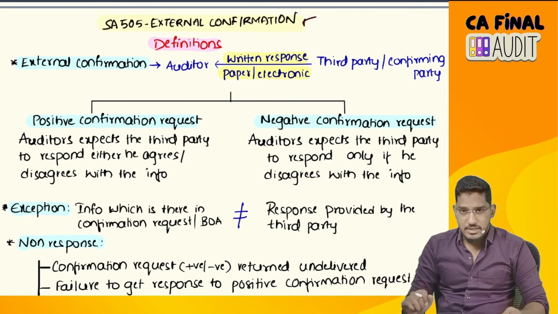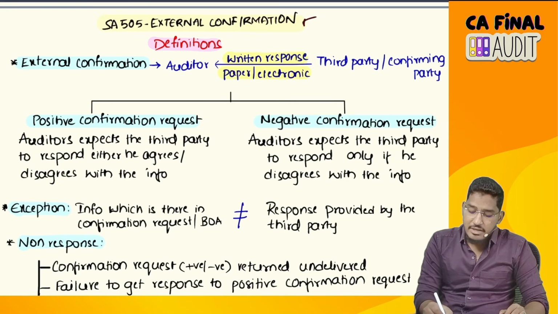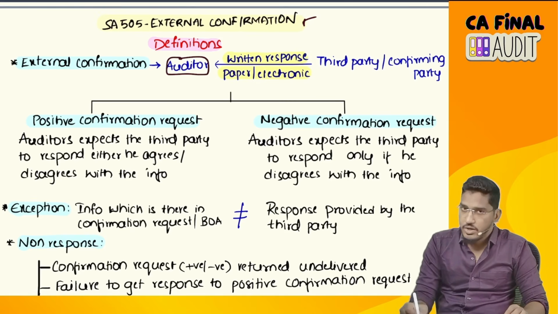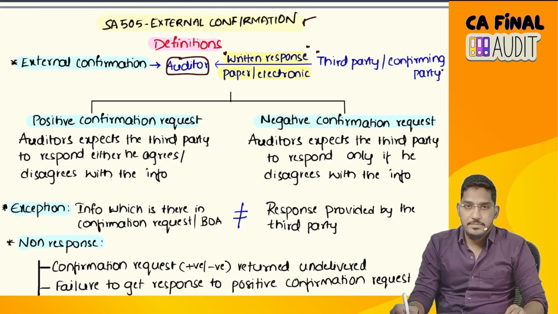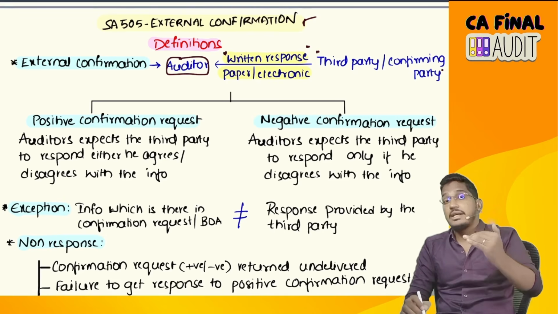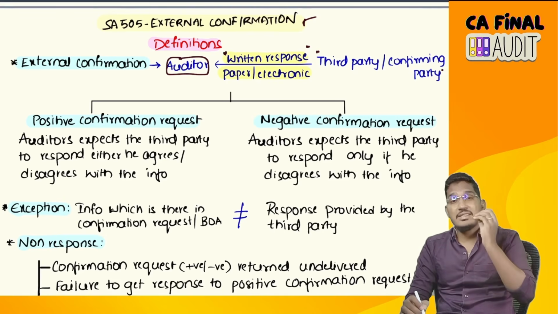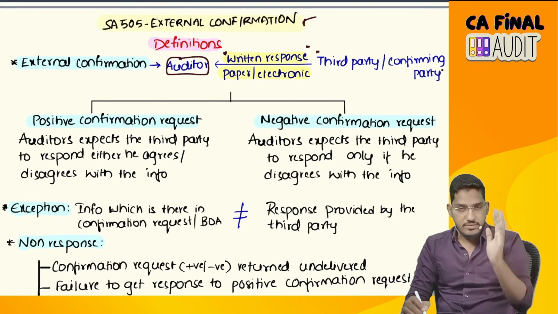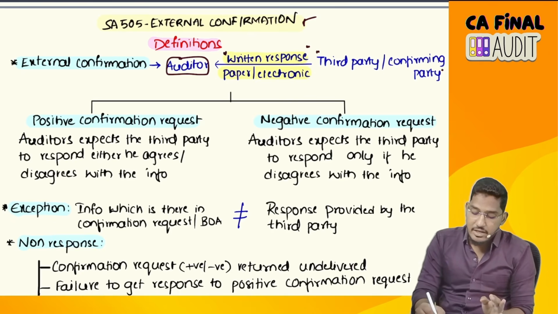First, defining the term external confirmation. What do you mean by external confirmation? External confirmation is a direct written response obtained by the auditor from a third party or confirming party. When I say third party, I mean outside of the client's management and staff, a third party like a debtor, creditor, or banker.